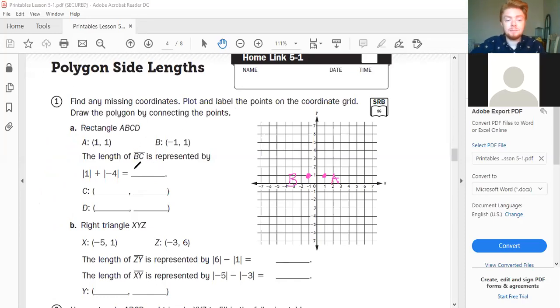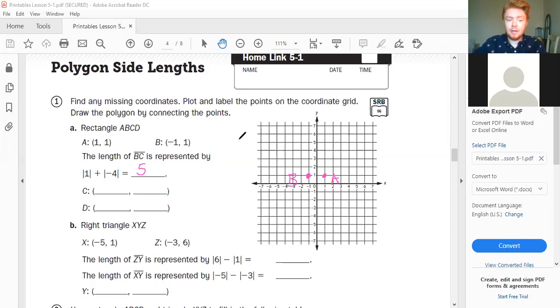Sick. So since this answer is 5, the length of BC is represented by 5. It is saying that from B, we're gonna go up or down 5 because that's the absolute value. The absolute value is 100% 5.